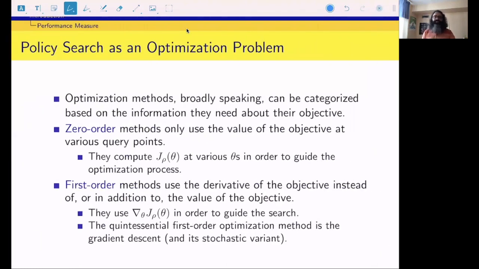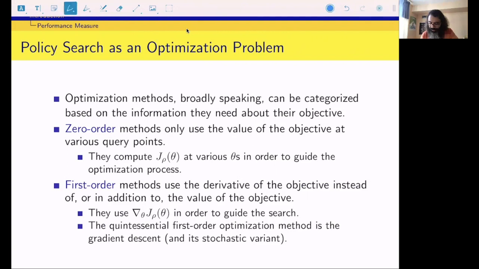Okay, so we want to use optimization methods. Broadly speaking, we can categorize them depending on the amount of information they need about the performance or objective measures that they maximize or minimize. We can call them zero-order methods, first-order methods, and second-order methods too.